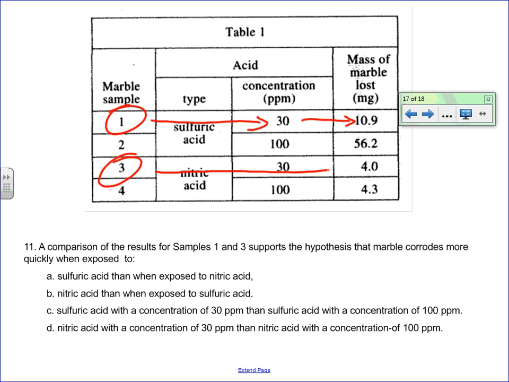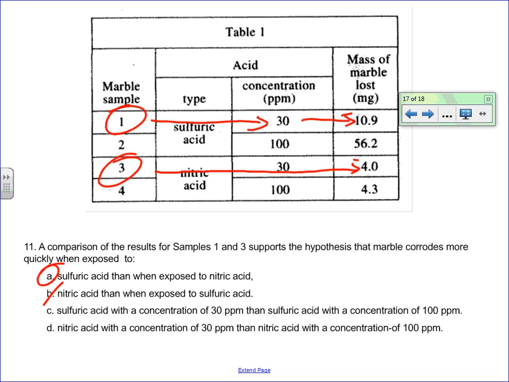There's this one. All right, and remember, this is mass of marble lost. So you can kind of think of these like negative numbers. The bigger the number is, the more was lost. So sulfuric acid lost more than nitric acid, so A is good.